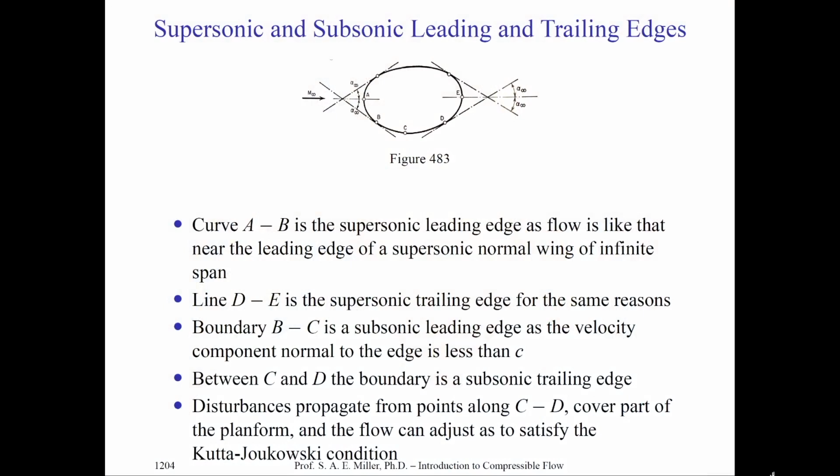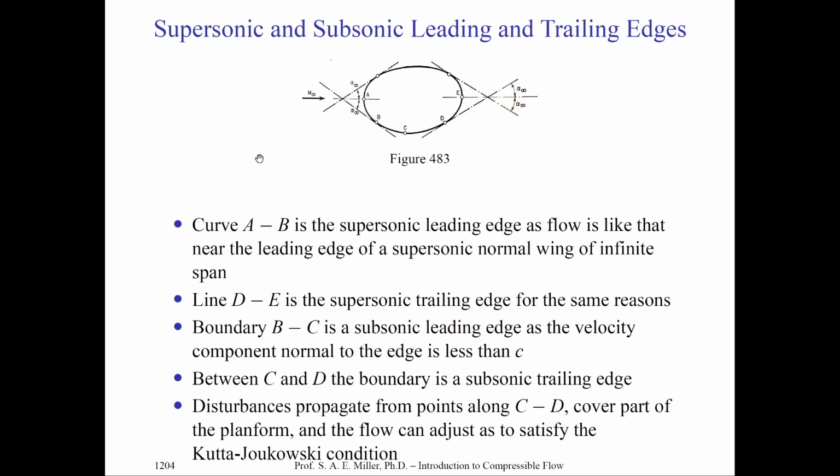We have points AB, DE, BC, and CD, which all make particular lines. The curve from A to B is the supersonic leading edge, and the flow near that leading edge will be supersonic normal to the wing of finite span. We'll also have line DE, which is a supersonic trailing edge, obviously for the same reasons as curve AB exists up here in the figure.